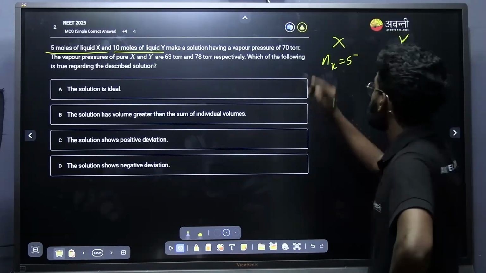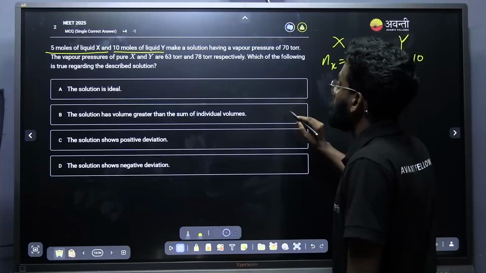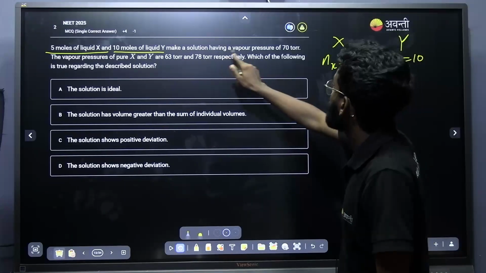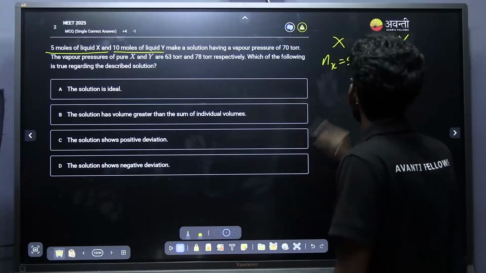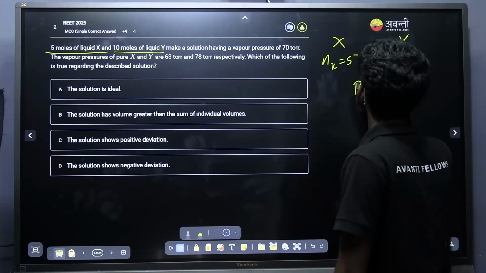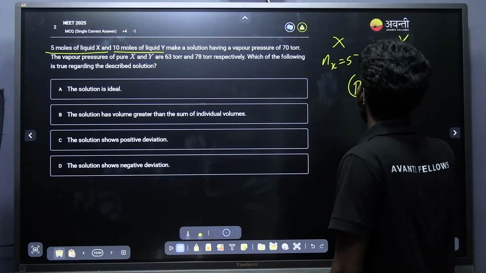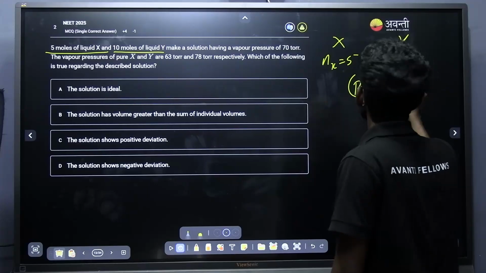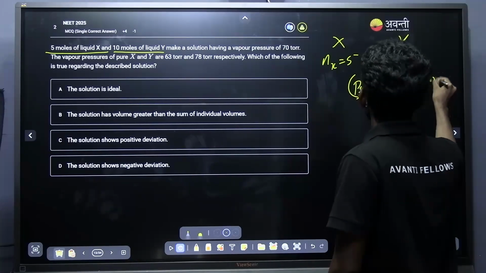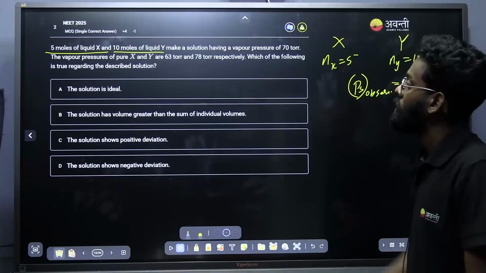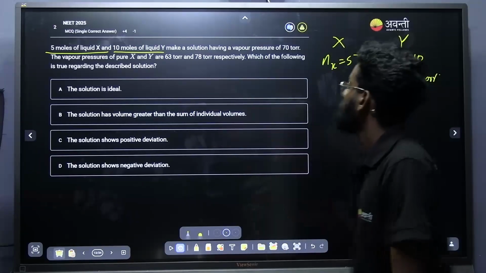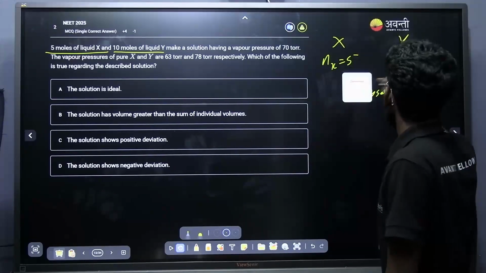The solution has a vapor pressure, that is PS observed, equal to 70 torr, and the vapor pressures of pure X and Y are 63 and 78.